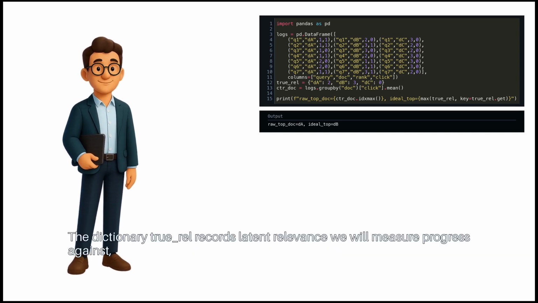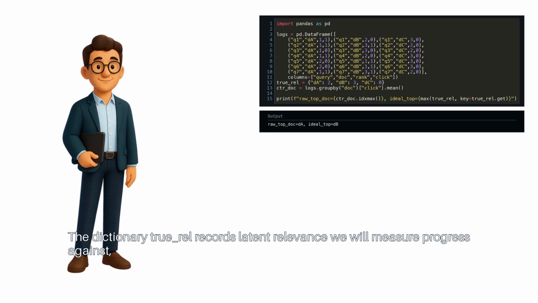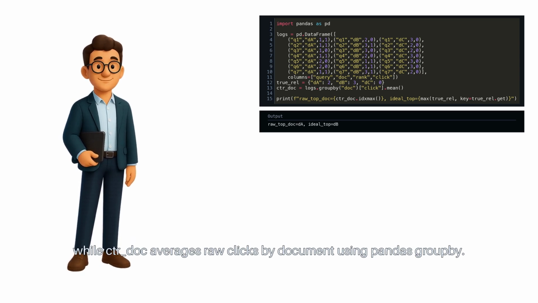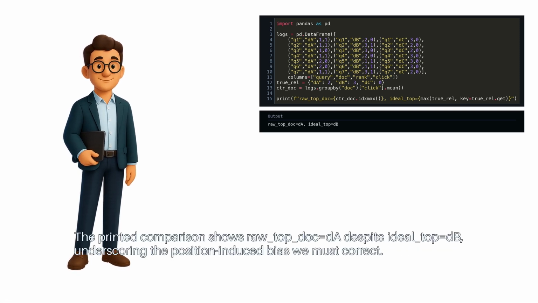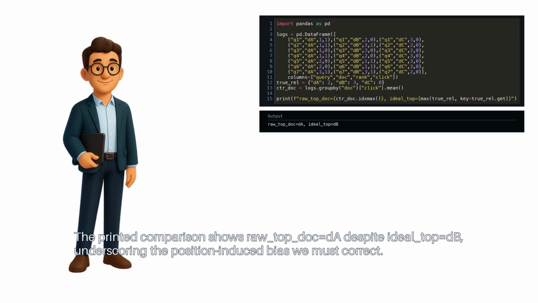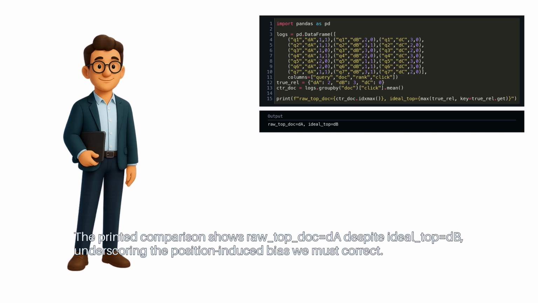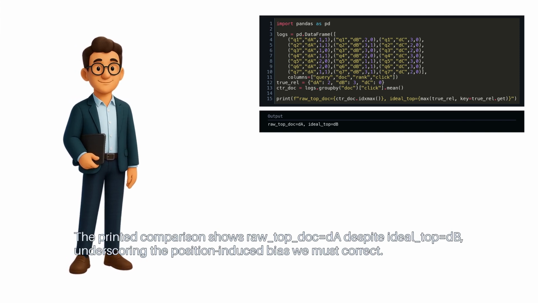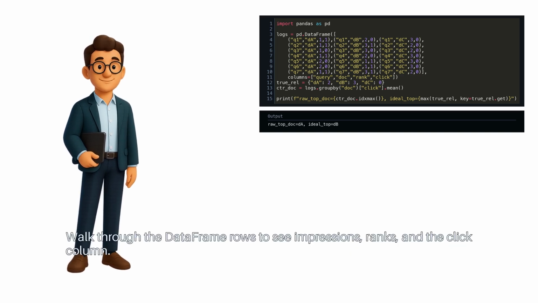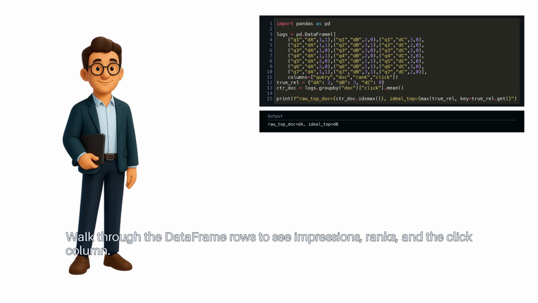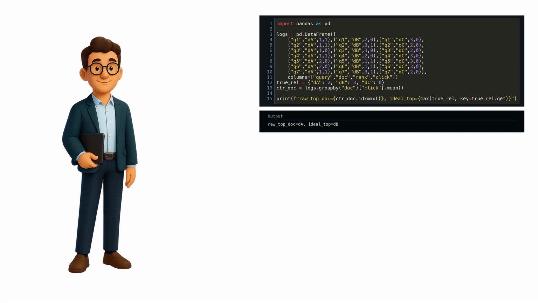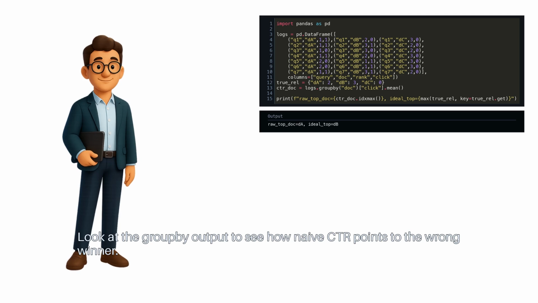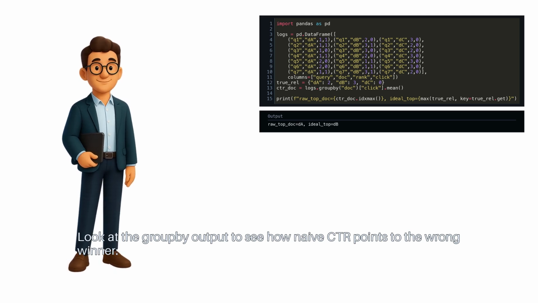The dictionary TrueRel records latent relevance we will measure progress against, while CTR_doc averages raw clicks by document using pandas groupby. The printed comparison shows raw top doc equals DA, despite ideal top equals DB, underscoring the position-induced bias we must correct. Walk through the data frame rows to see impressions, ranks, and the click column. Look at the Group B output to see how naive CTR points to the wrong winner.